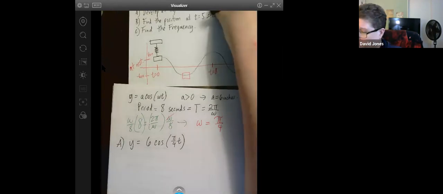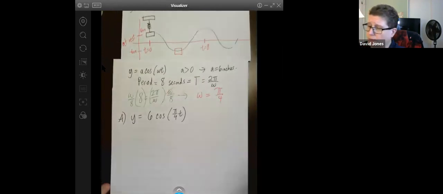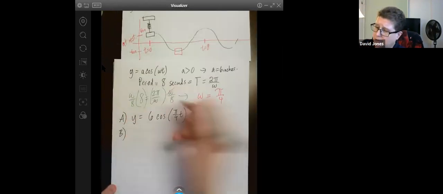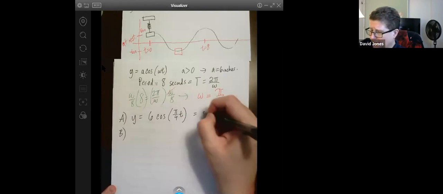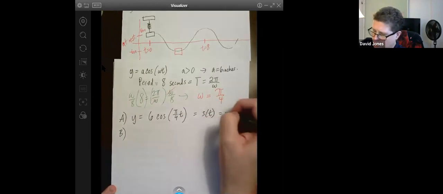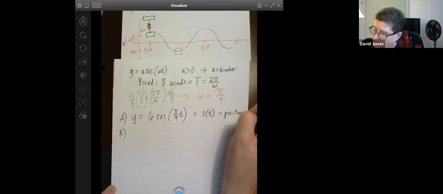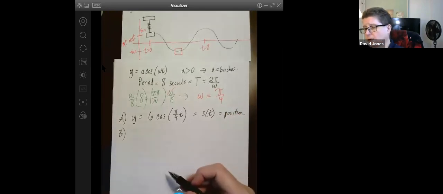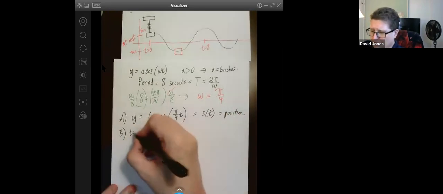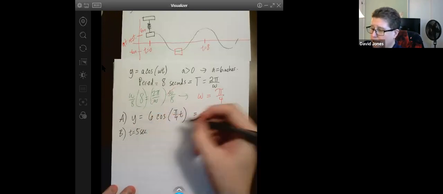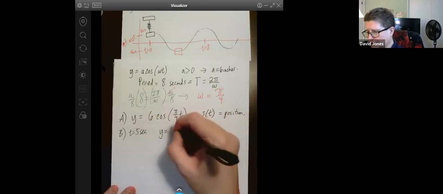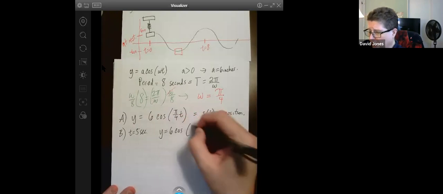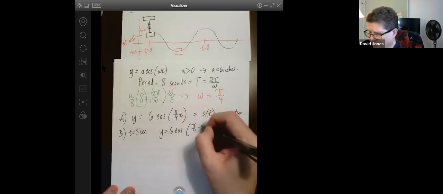Okay. B, and that's effectively S of t, or position. At t equals 5 seconds, let's just throw it in. y equals 6 times cosine of pi over 4 times 5.